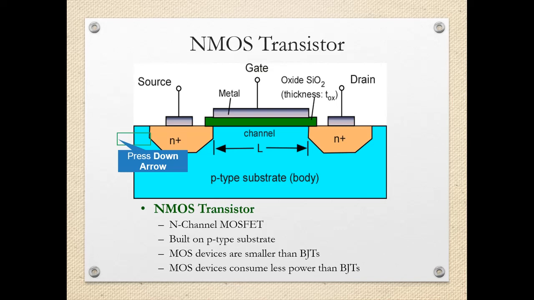This MOSFET is a symmetrical device and you can see on both the sides on a p-type substrate we have the N plus regions. So any region we can make it as source or drain, and as per that we can define the terminals.